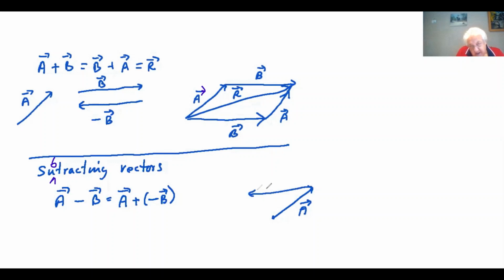This is my minus B, and my resultant is going to be, this angle is going to be difficult to draw. You can see the resultants are different. Of course, reversing this will not give me the same answer.